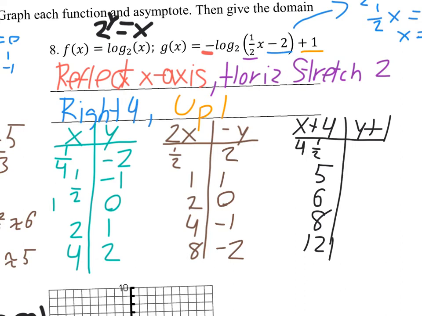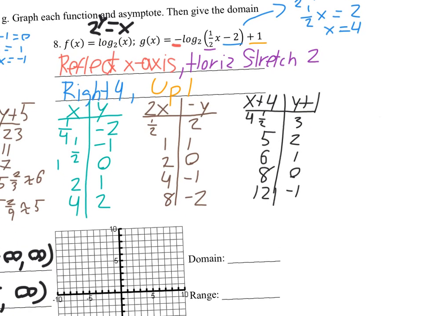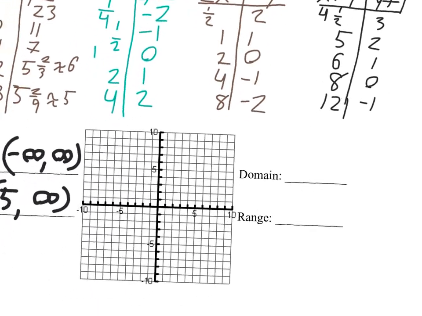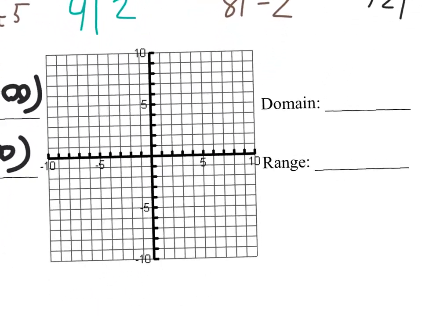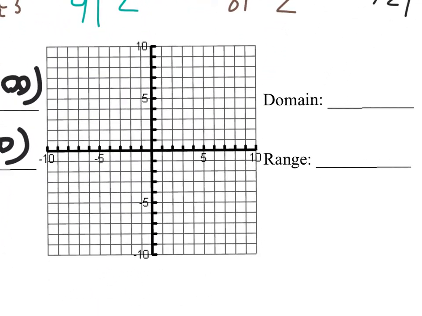Meanwhile, in our y column, it's going to be y plus 1, so that's going to give us 3, 2, 1, 0, -1. All right, so you got our parent function. We have our fully translated functions as well. Time to graph it. So, you're in green, or teal, or Gumby color, for those of you who know the reference.